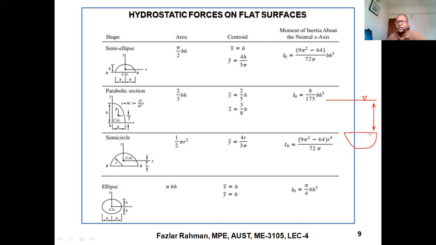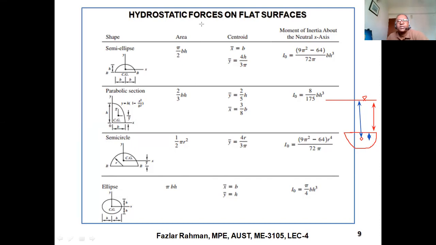Now, what will be the y bar? Y bar will be the distance of the CG. So say CG right over here. So your y bar will be the distance from here all the way to right over here. Now, how will you figure out this distance? That is, what is the location of the CG?